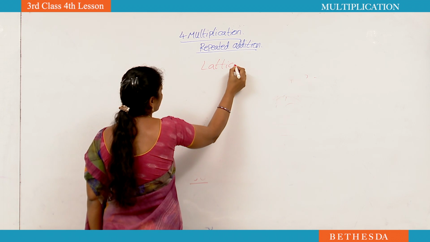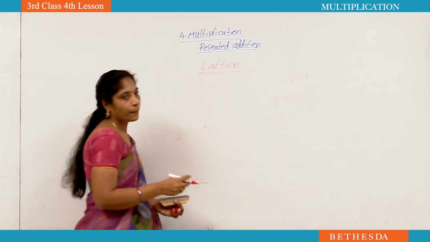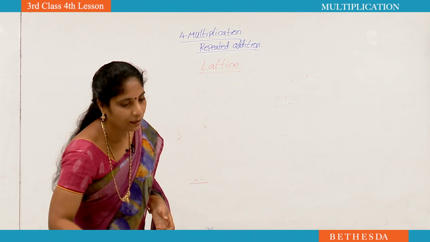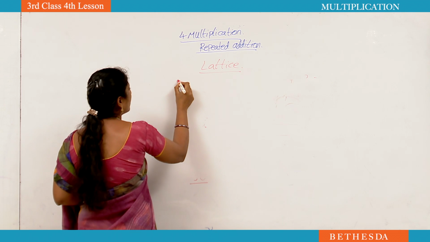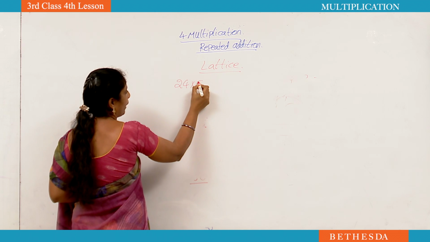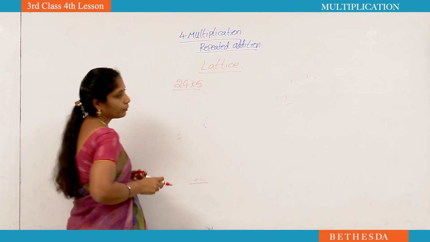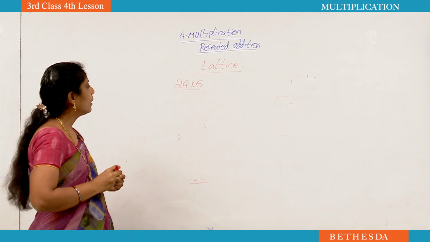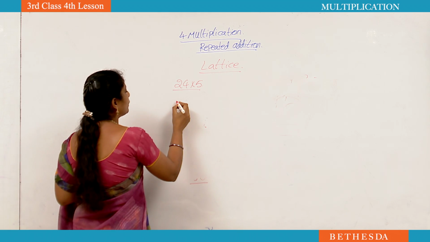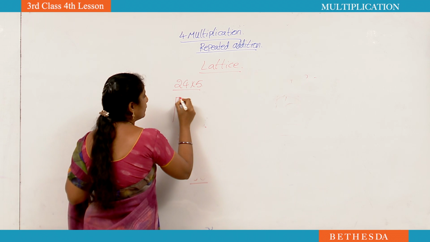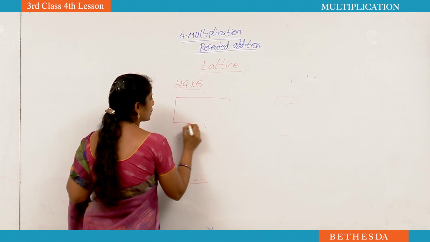See here how to do multiplications in lattice method. For example, 24 into 5. Now we have to draw the columns and rows.